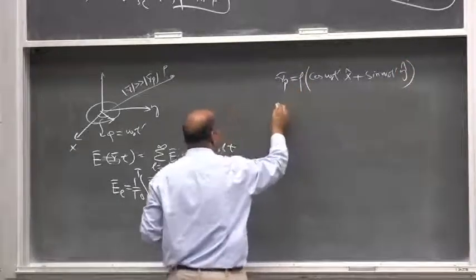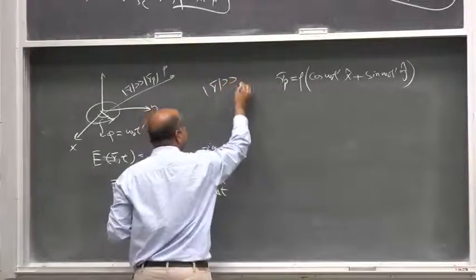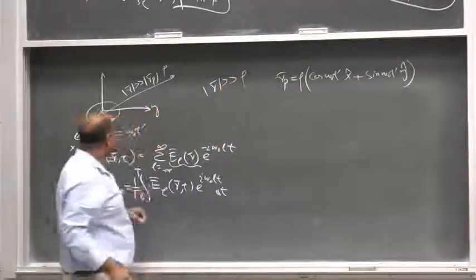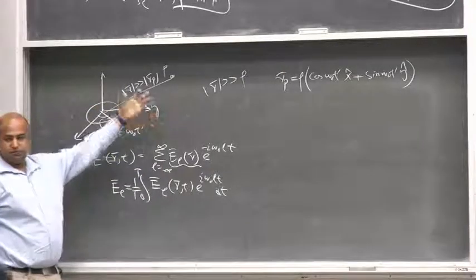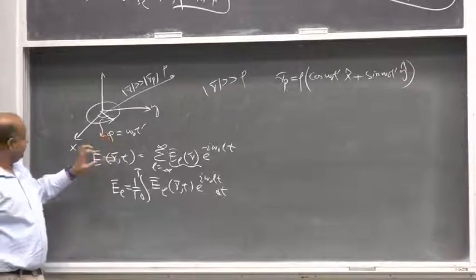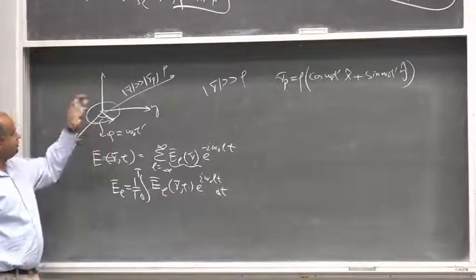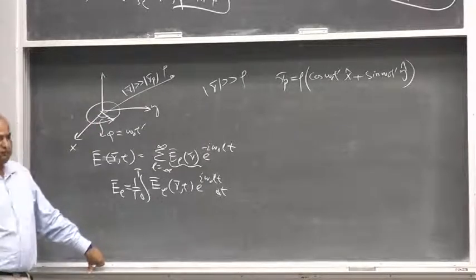that the observation point R is much farther away from this circular motion, it would be easier to solve this problem using potential, because when we are far away, the expression of fields from potential is also much simpler than the one that I have written.